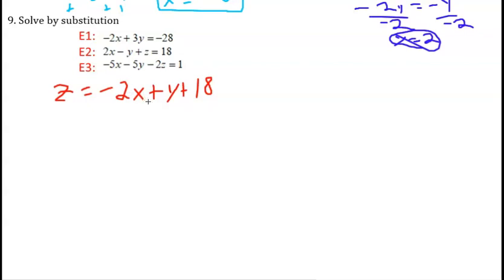And we'll go ahead and solve for y in the first equation. So we have negative 2x plus 3y equals negative 28.